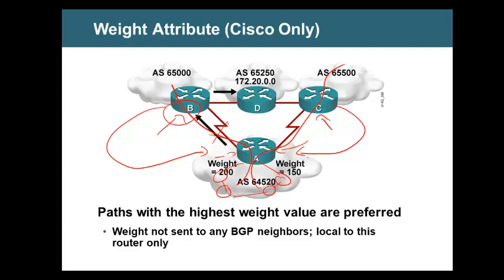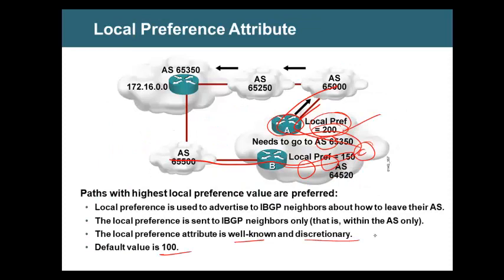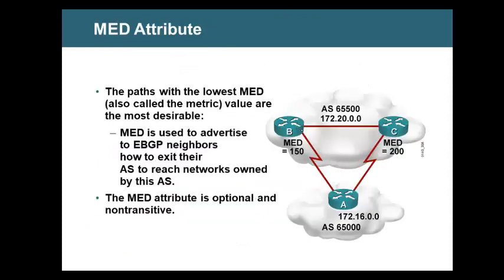This is optional transitive. The other difference is that weight applies only to the router on which you configure it, whereas local preference, when you configure it on one router, is for the entire autonomous system.